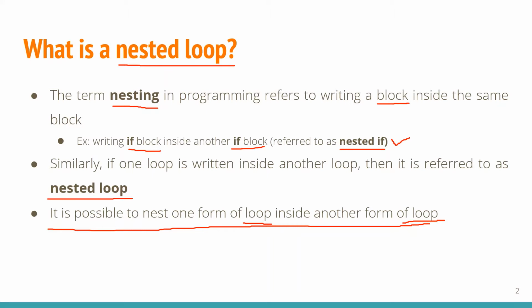I can write for inside do while, so on and so forth. All those possible combinations are valid. Hence it is possible to nest a while loop inside a for loop. For simplicity's sake, in this session we will consider the examples of nested for loops.